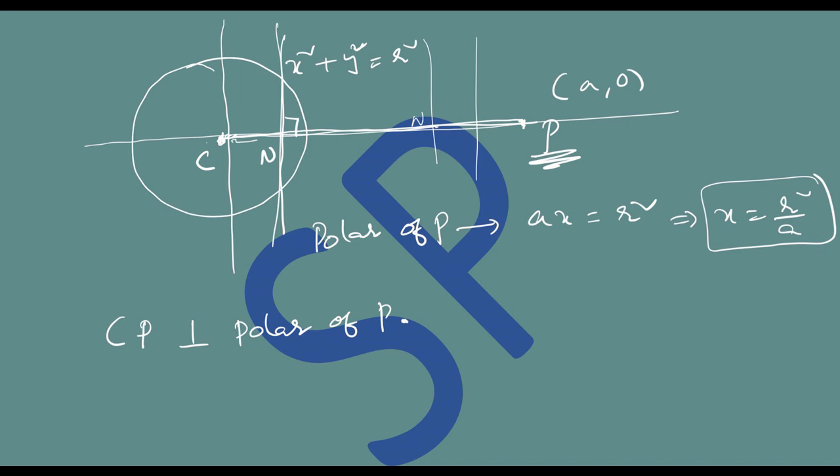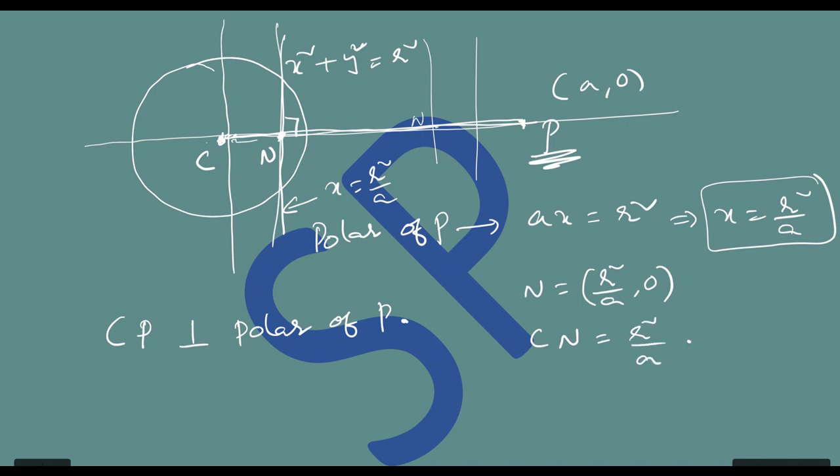Now observe that its equation is x equal to r square by a, which means the coordinates of N will be (r square by a, 0). Therefore, C being the origin here, CN is nothing but r square by a. Initially I told you that the point P lies outside the circle.